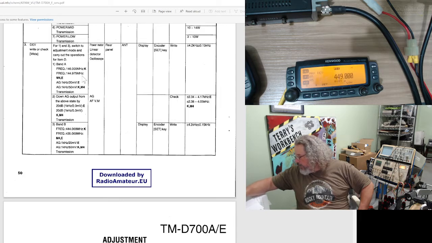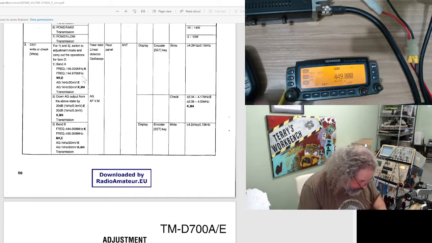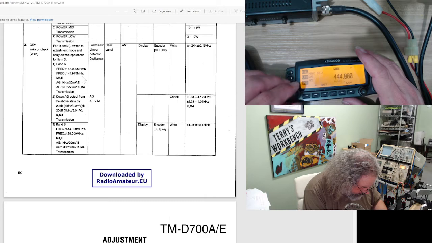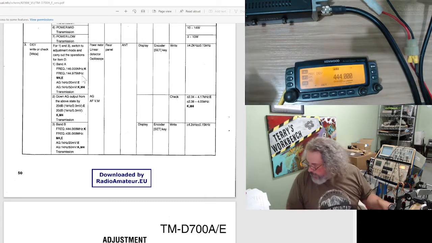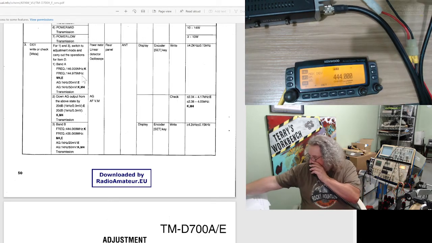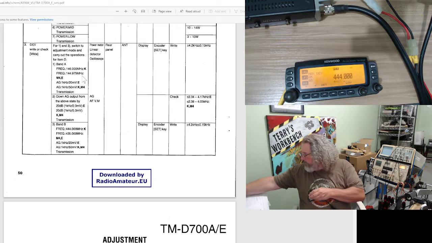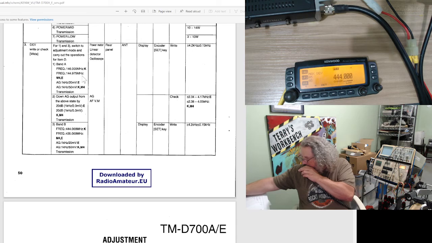Band 430. FM 444 even. Go. Test, 1, 2, 3. Test, 1, 2, 3. 5.